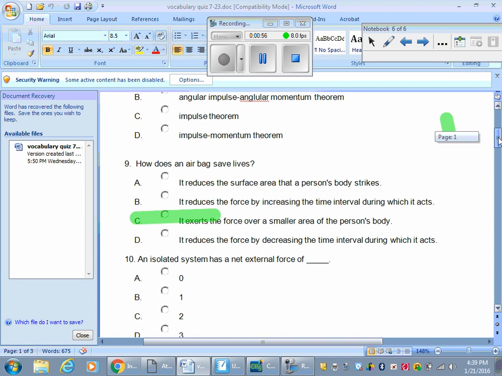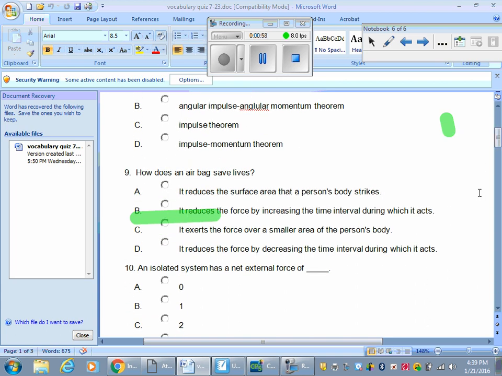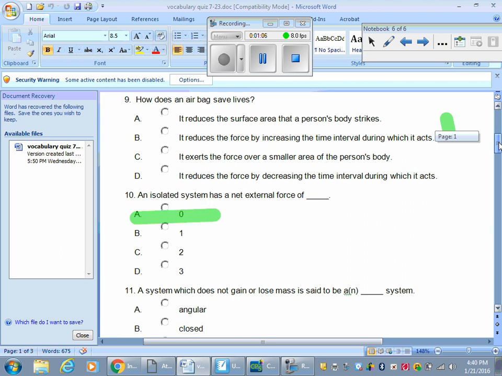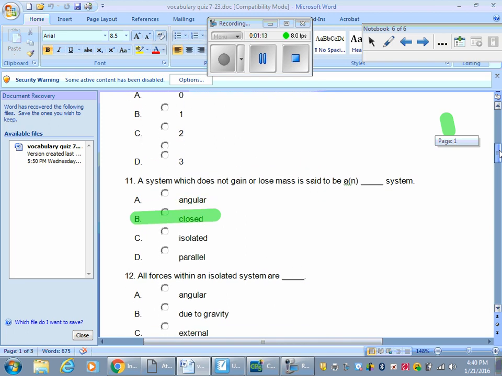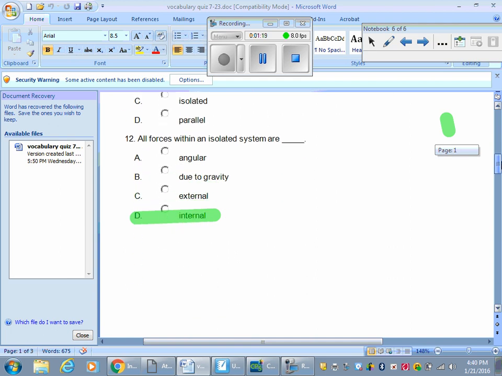Best answer is B, reduces the force by increasing the time. Isolated system, 0 forces. Closed system, no loss or gain in mass. All forces in an isolated system are internal.